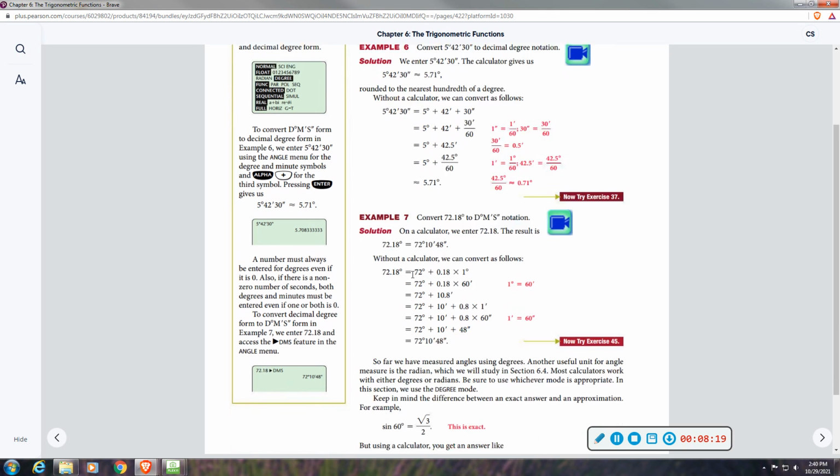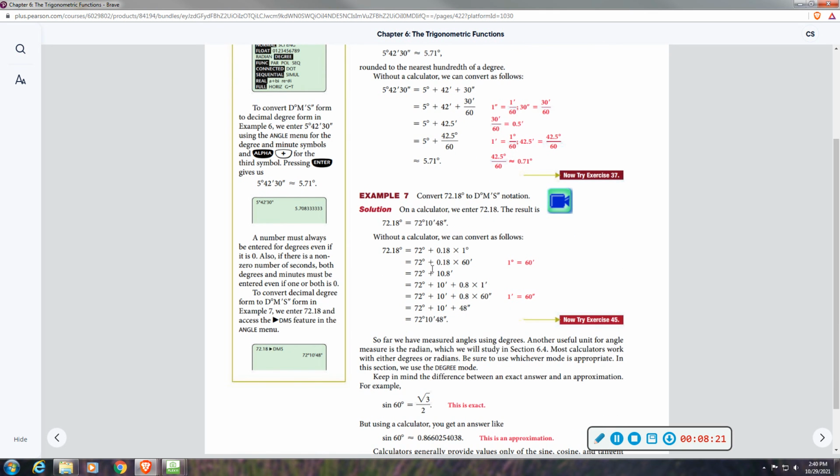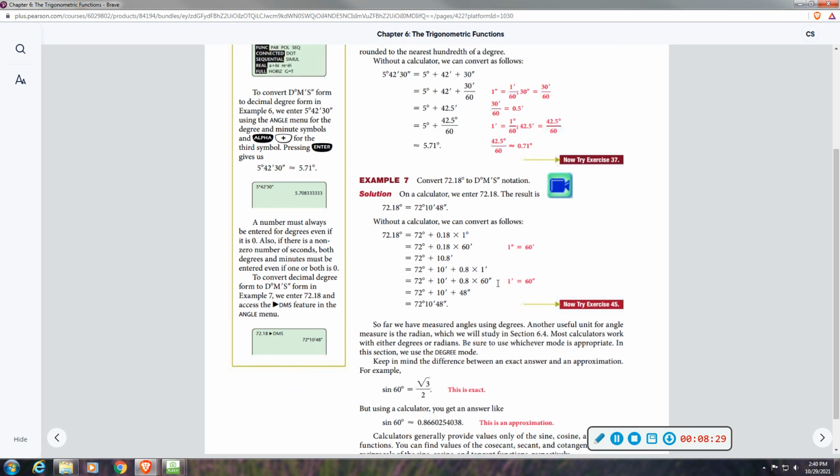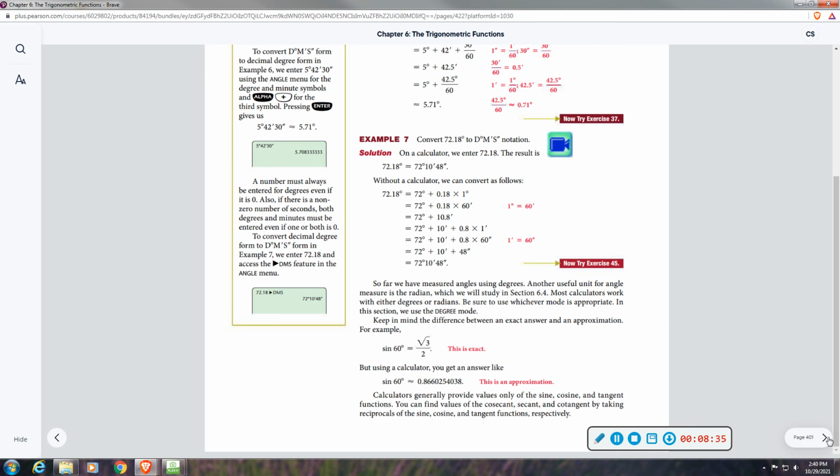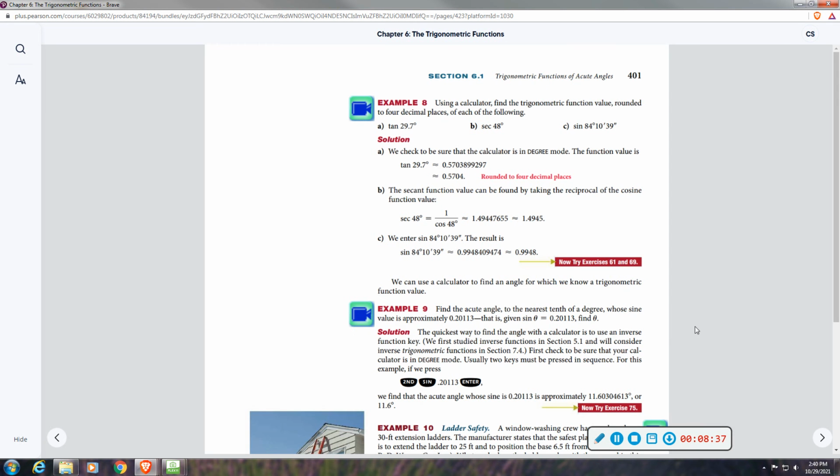So going forwards and backwards, I'll show you that probably in section 6.2 when we actually use it. And the calculator can also convert to degrees, minutes, seconds for you. But again, we don't see a problem like that in this section, but we will in section 6.2.